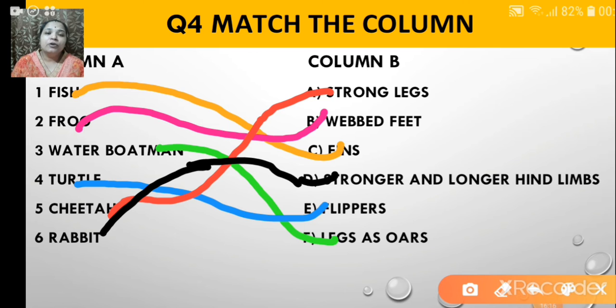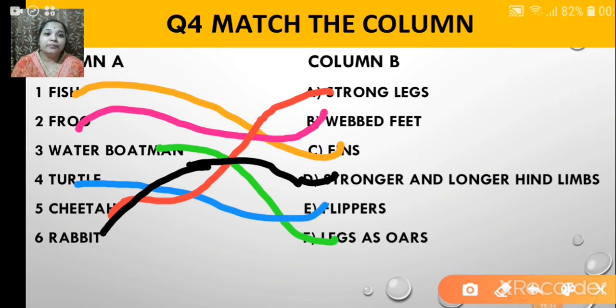Some fishes also use their fins as oars to push the water to move forward. Next is frog. The frog uses its webbed feet to move inside the water. It uses its hind webbed legs to push the water and move in the water.